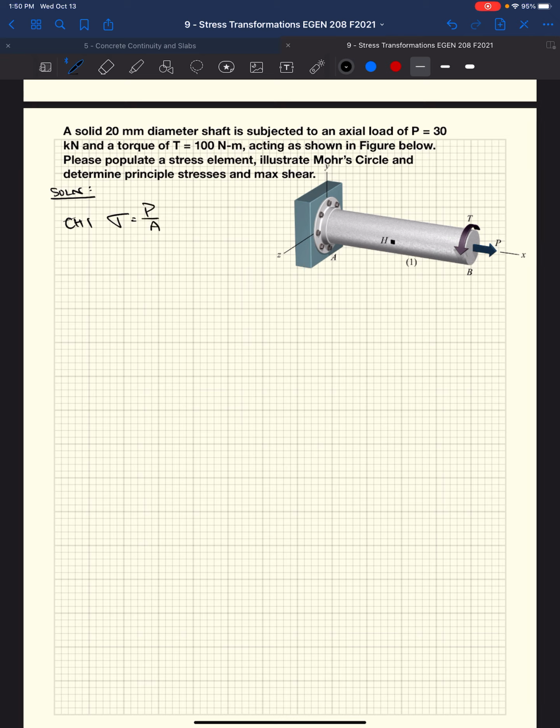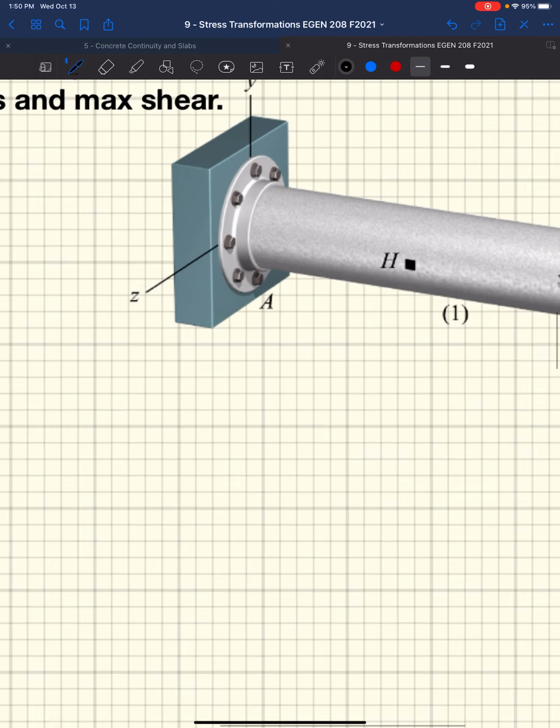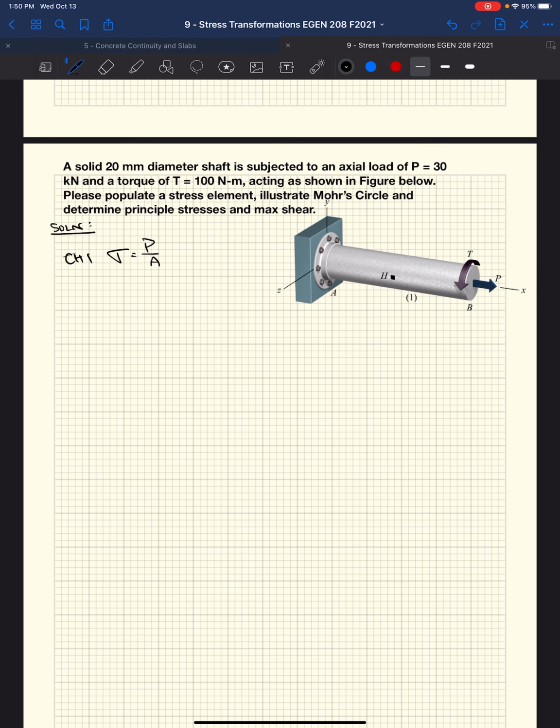So we're going to populate this stress element H. Okay? We're going to orient H along the axis of the member, right? So the angle of rotation, it's running along the axis of the material. So we're going to try and populate this stress element.